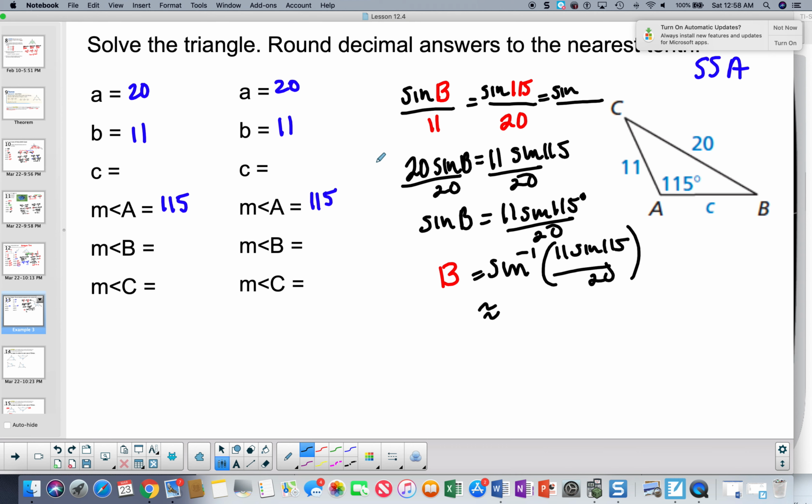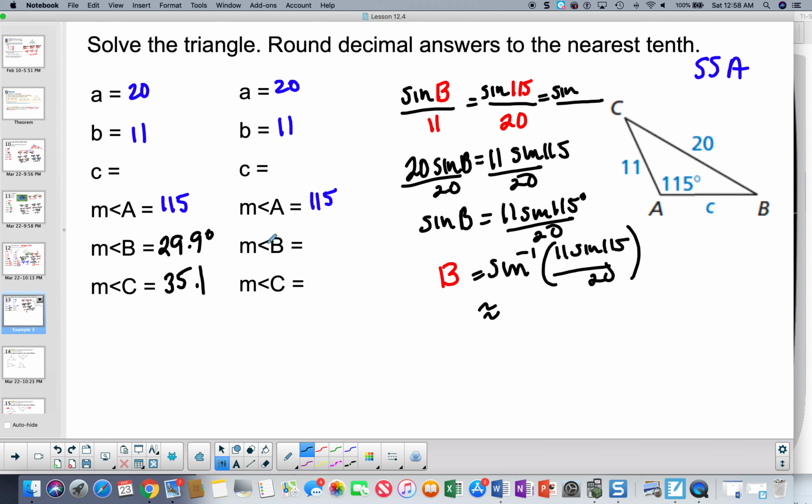Okay, and so our angle B is going to be 29.9 degrees, which means my third angle will be 35.1. Now remember, this is side-side angle, so we're going to find the supplement here.